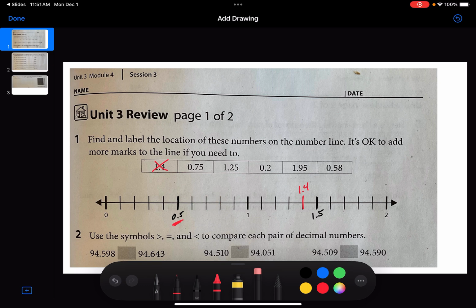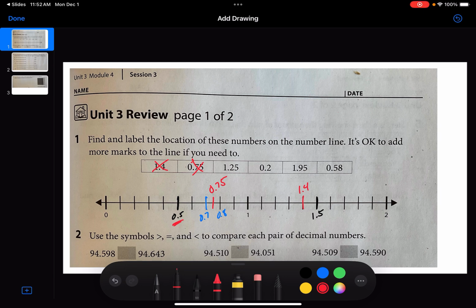So if that's the case, then this would be halfway between 7/10 and 8/10. So this must be 0.75. Because remember, this one would be 0.7, this one would be 0.8. So halfway between would be 75 hundredths.